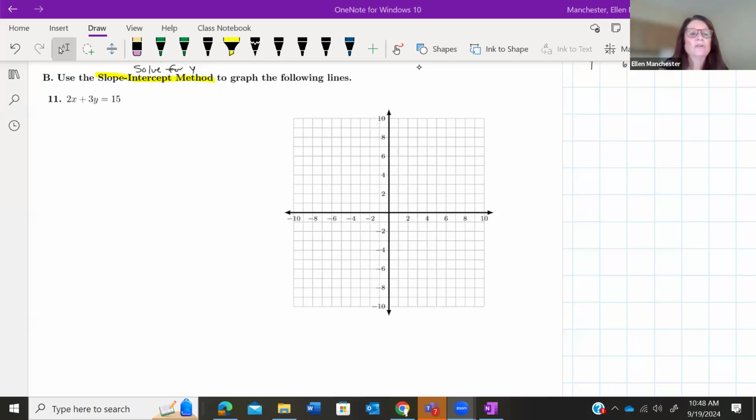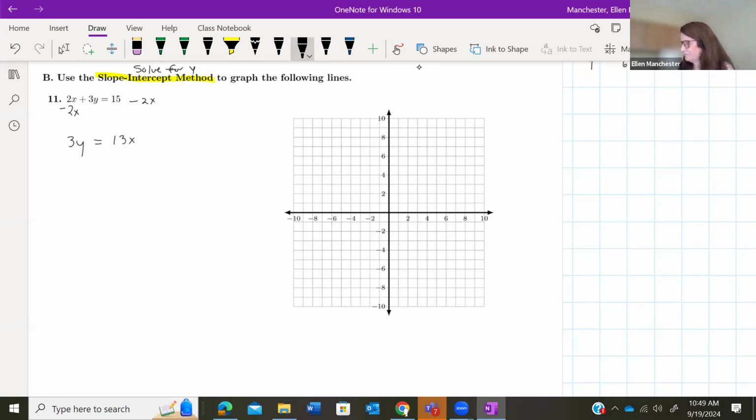All right, so here we go. First things first, you want to solve for y. All right, I'm gonna do something, because this is a very common error. Love that part. All right, common error.